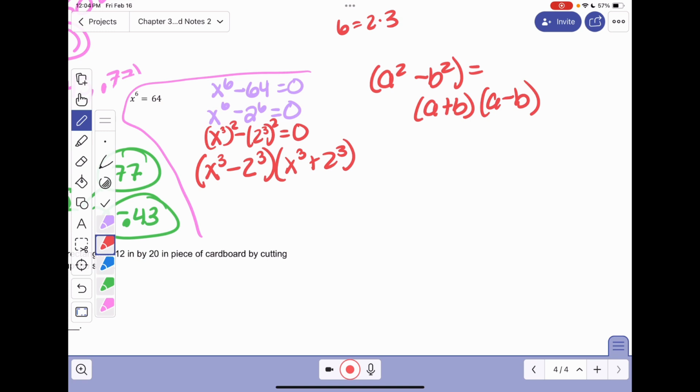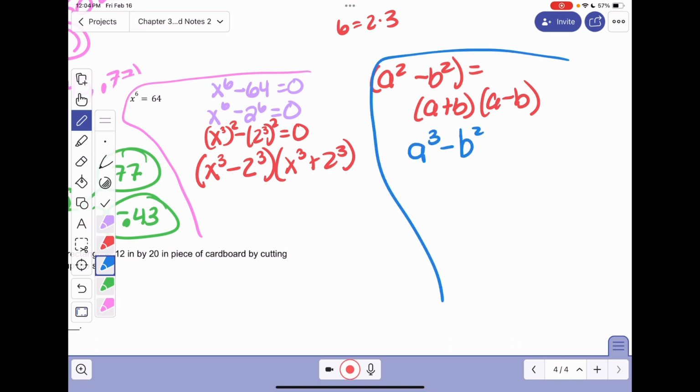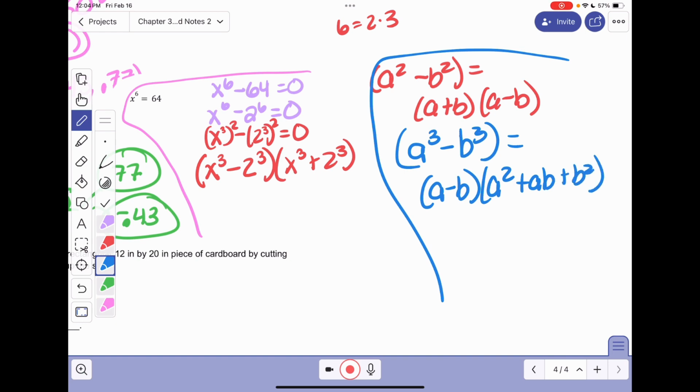Now, using the sum and difference of cubes, that's another rule that's similar to this. A cubed minus b cubed can be rewritten as a minus b times a squared plus ab plus b squared. So a would be x, b would be 2. So x minus 2 times x squared plus 2x plus 2 squared, which is 4.